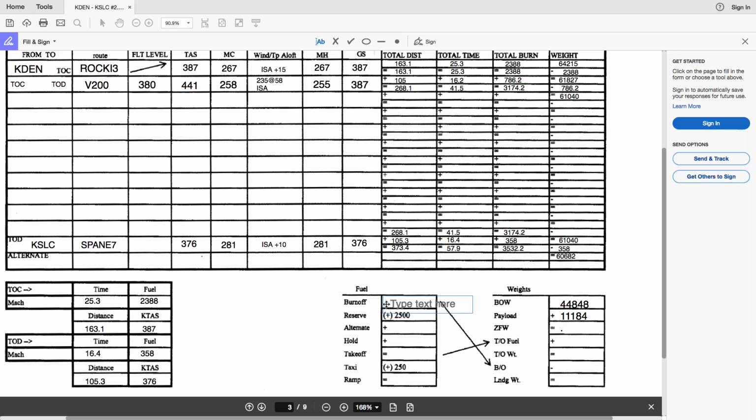So our burn off came to a total of 3,530. Let's just round that up to 33. So we go to our alternate. We didn't have an alternate. We didn't have any hold fuel. So what is our takeoff fuel? 3533 plus 2,500. 6033.